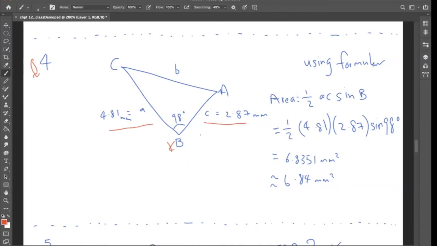When 2 sides are given, 1 angle is given, sandwiched in the middle, and height is unknown, immediately we use the formula for area of triangle, half AC sine B. So I plug in the figures, I get this. This one is very direct, very straightforward.